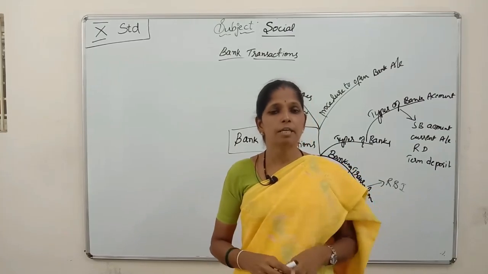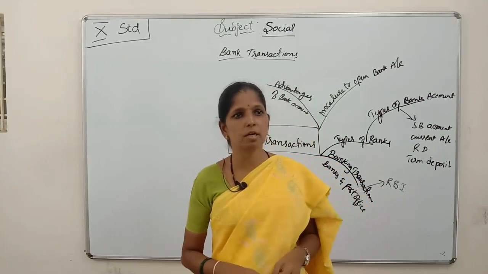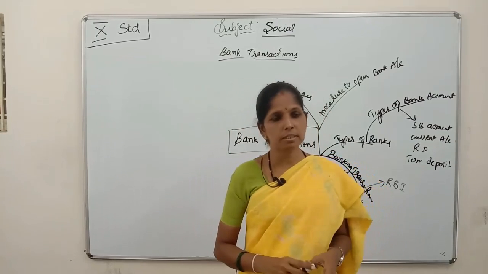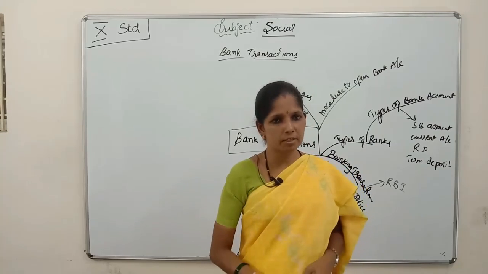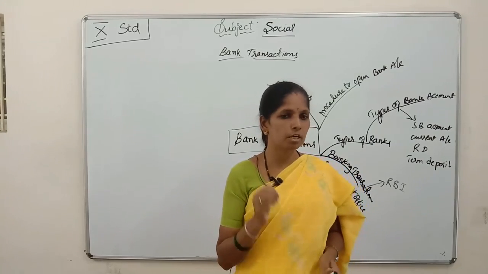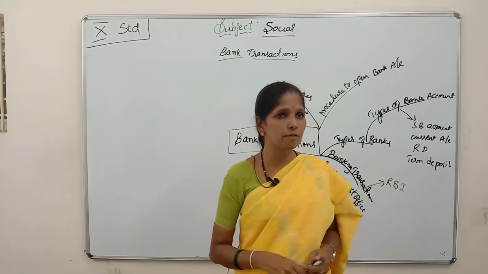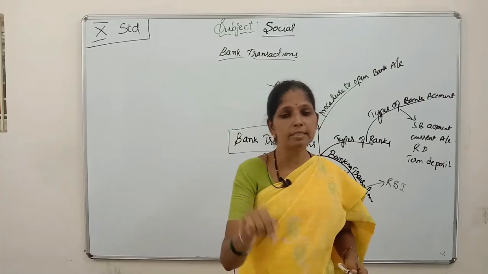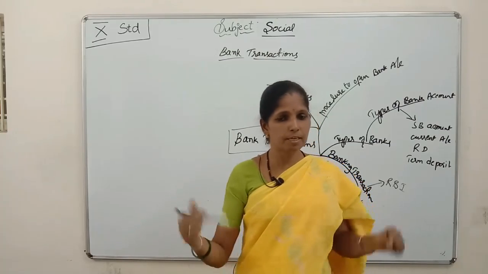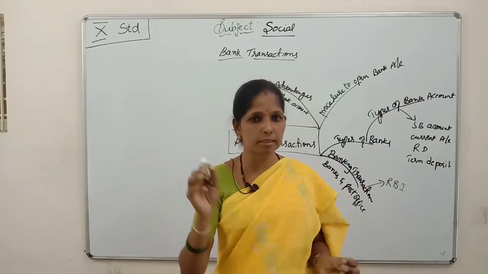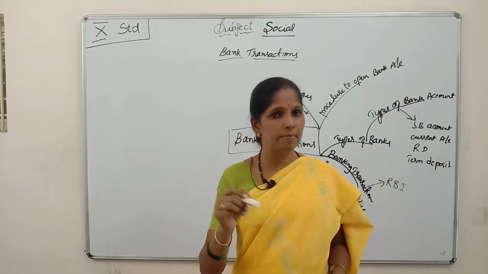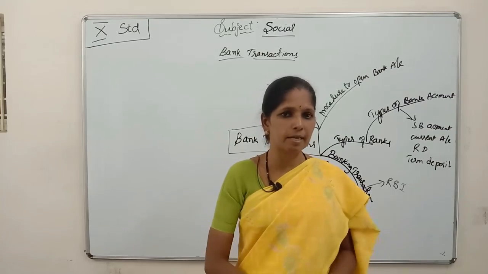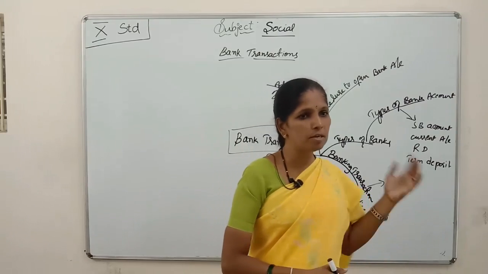Before you get your account number, you have to take the signature of some person who already has an account in that same bank. For example, if I want to open my bank account in SBI, that is State Bank of India, I need to be introduced by one person.